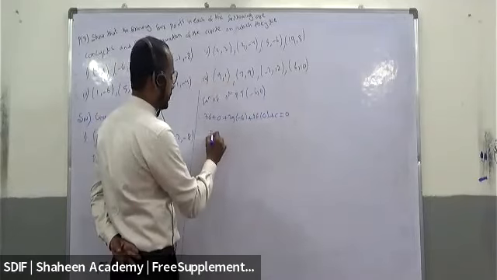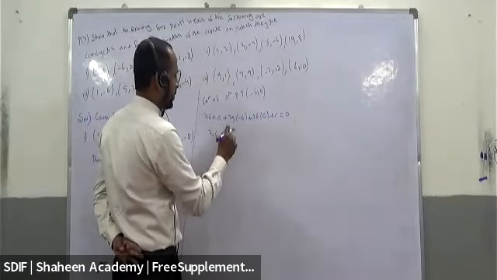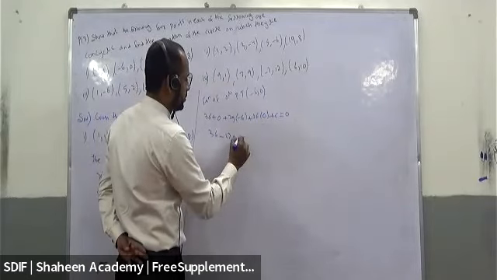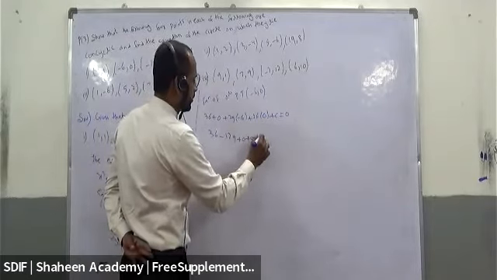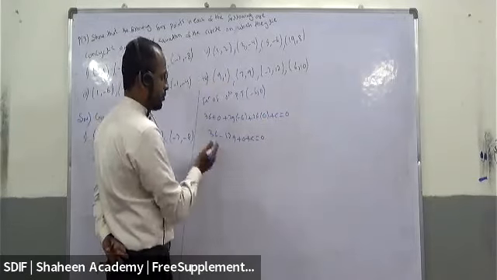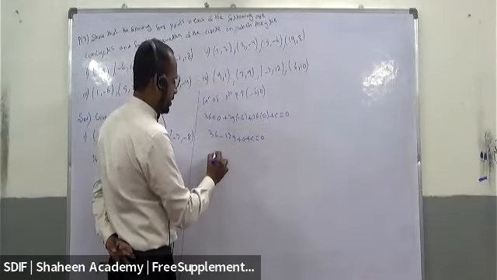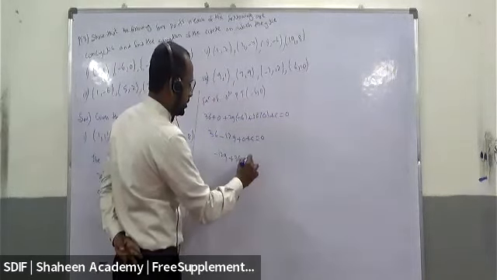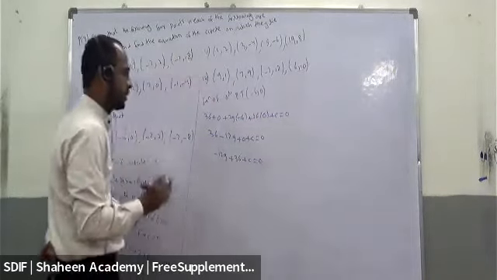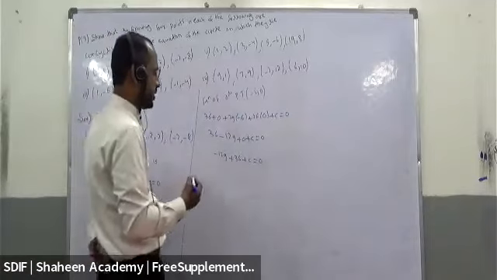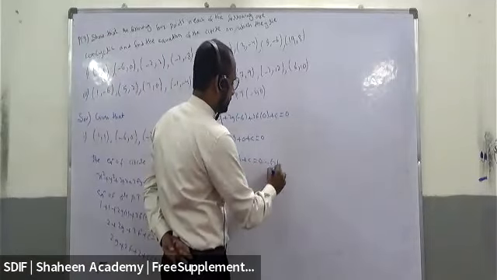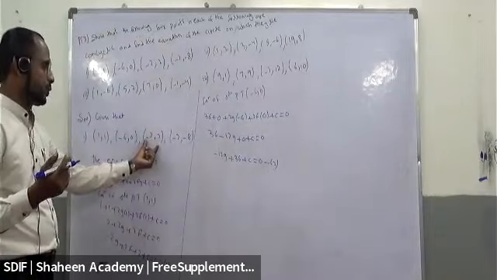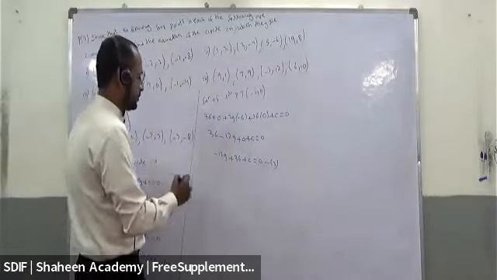Simplify it: 36, minus 12g, 2f into 0 is 0, plus c is equal to 0. So we get minus 12g plus 36 plus c is equal to 0. Keep it as it is. This is your equation second. Now we have one more point to use for the equation of the circle.